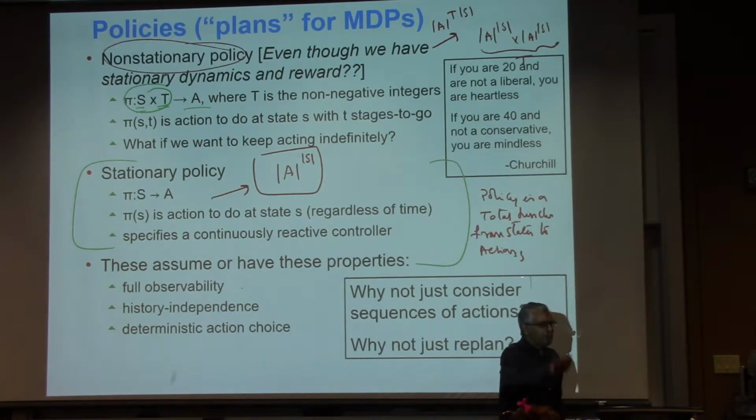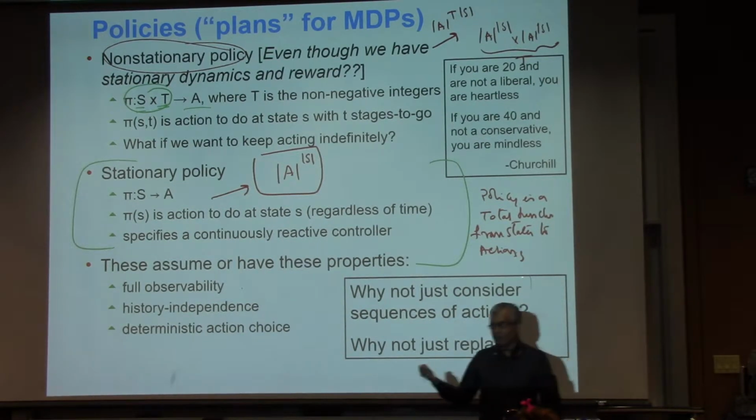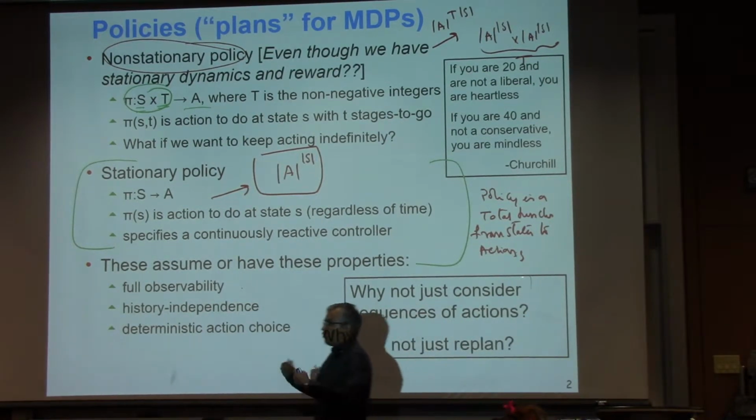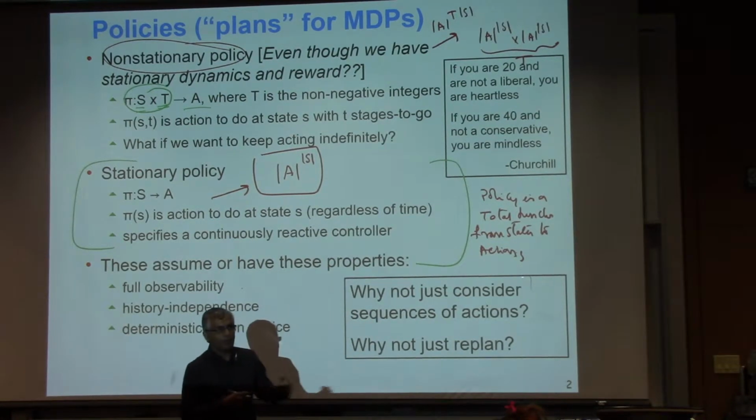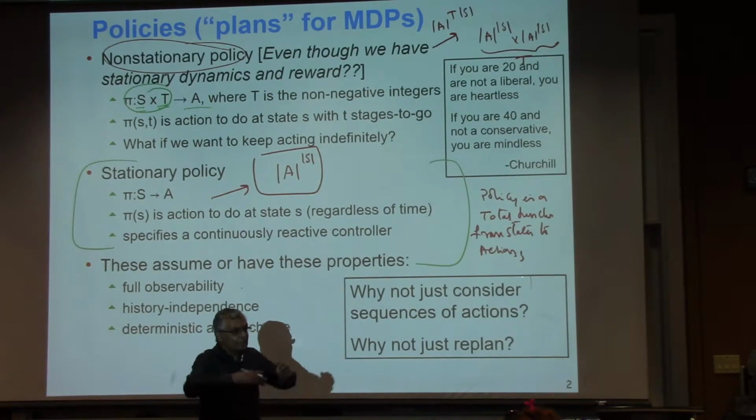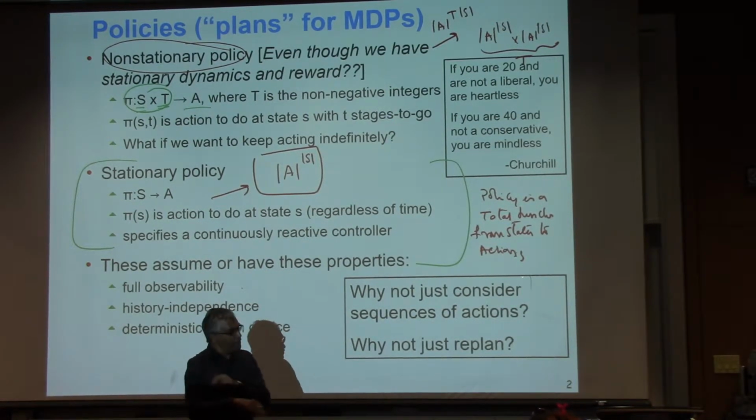No, we are computing the pieces of the policy as needed. Do you see what I'm saying? So one way you make the problem easy is to only enumerate the piece of the policy that is needed. But right now we will talk about how to compute the entire policy.